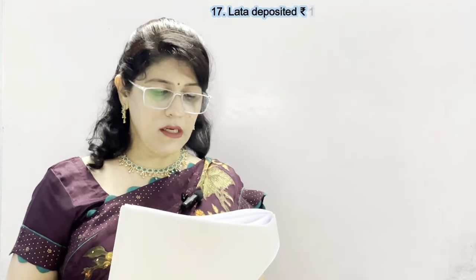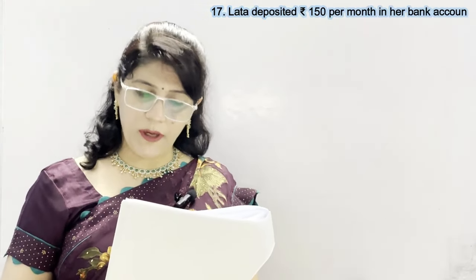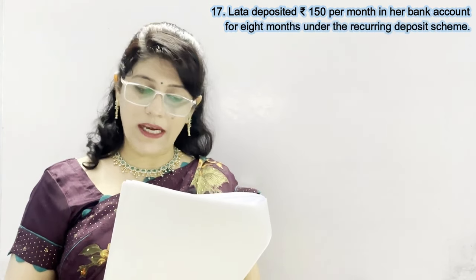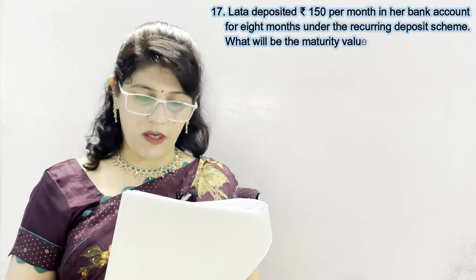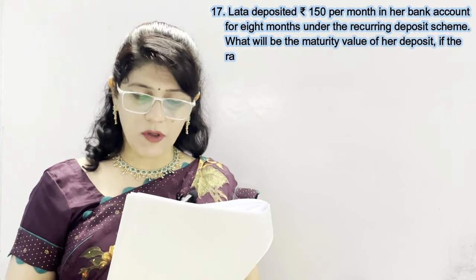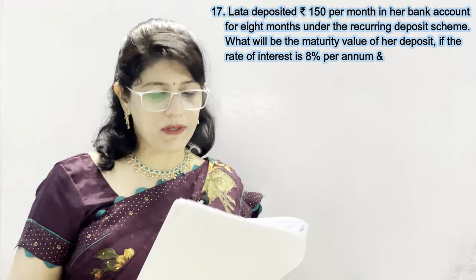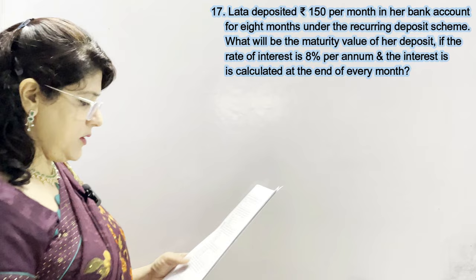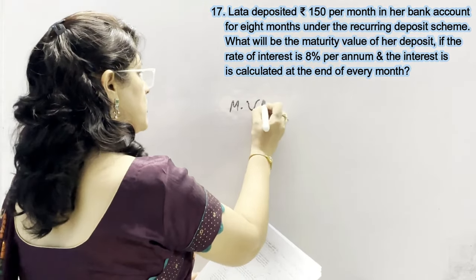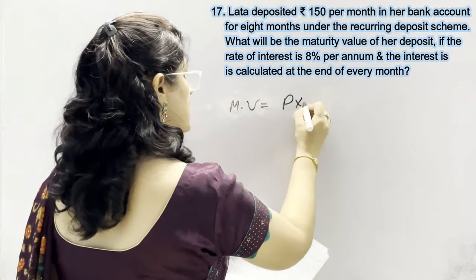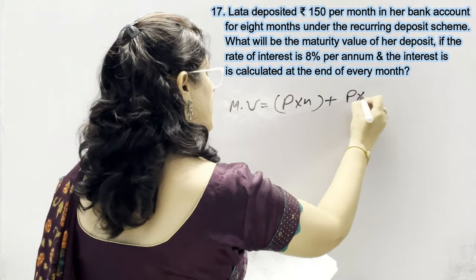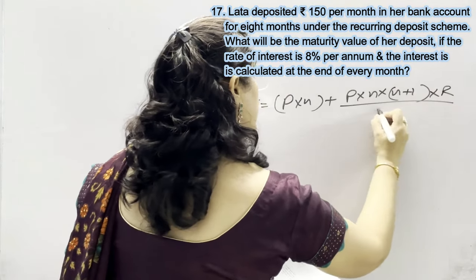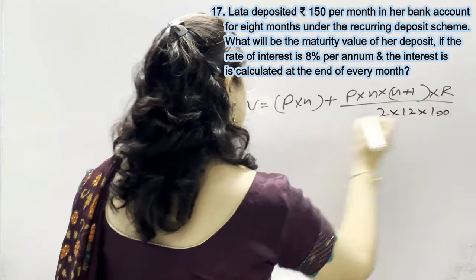In question number 17, Lata deposited rupees 150 per month in her bank, so P is 150, for 8 months, N is 8, under the recurring deposit scheme. What will be the maturity value of her deposit if the rate of interest is 8% per annum and the interest is calculated at the end of every month? So the maturity value formula we need to put here: P into N, plus P into N into N plus 1 into R upon 2 into 12 into 100.